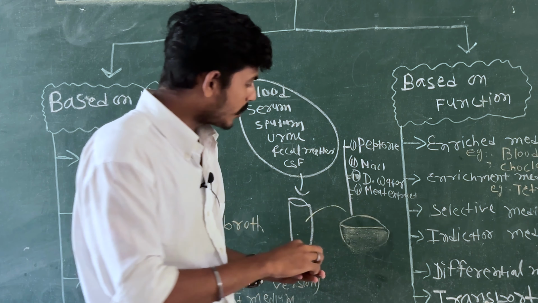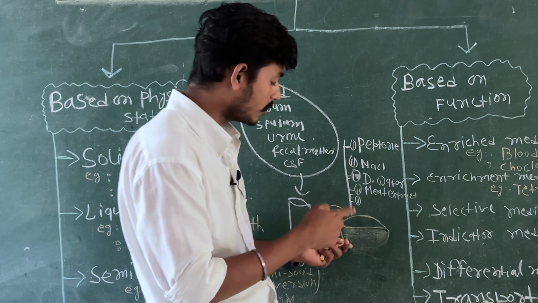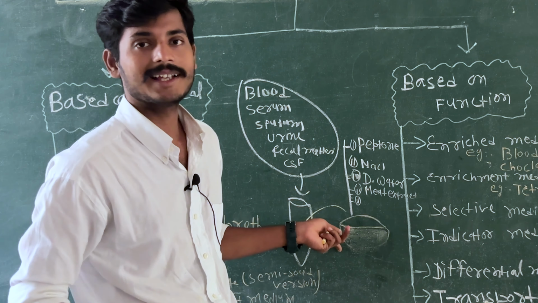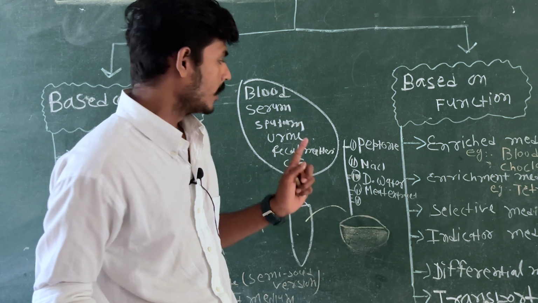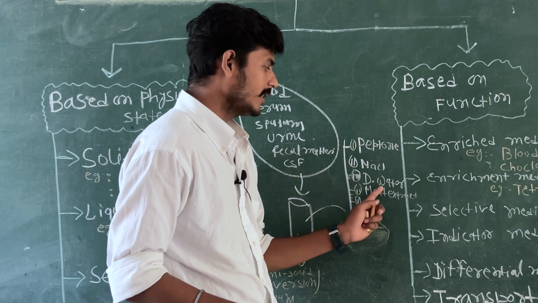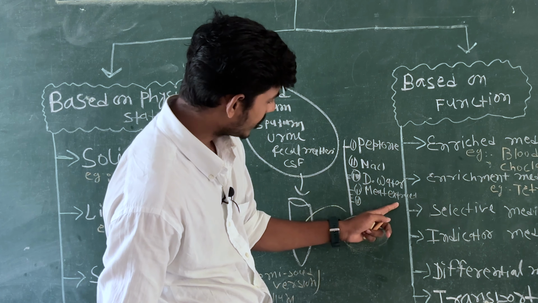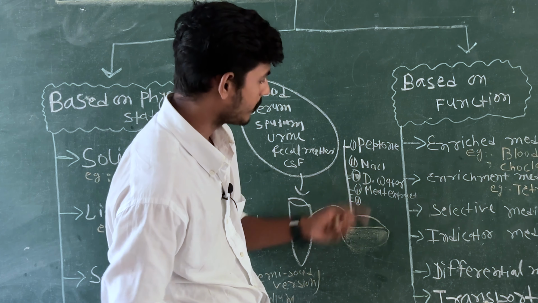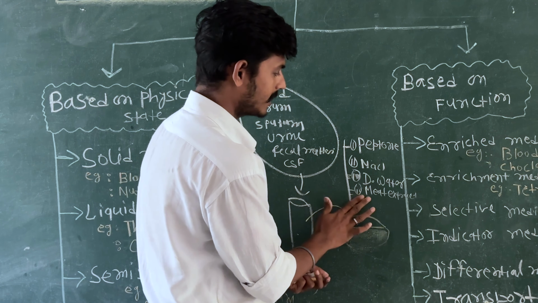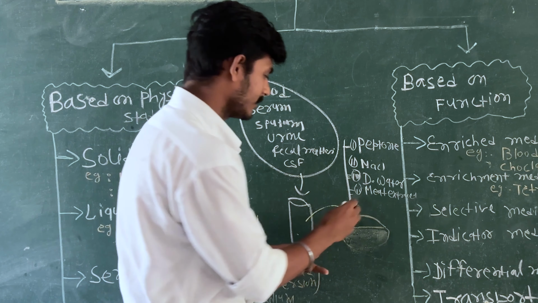Now, talking about the last constituent used to make the culture media, that is water. See, these all are basically water we already added, no? Yes, distilled water we added, meat extract we added, NaCl added, and peptone. That's all.